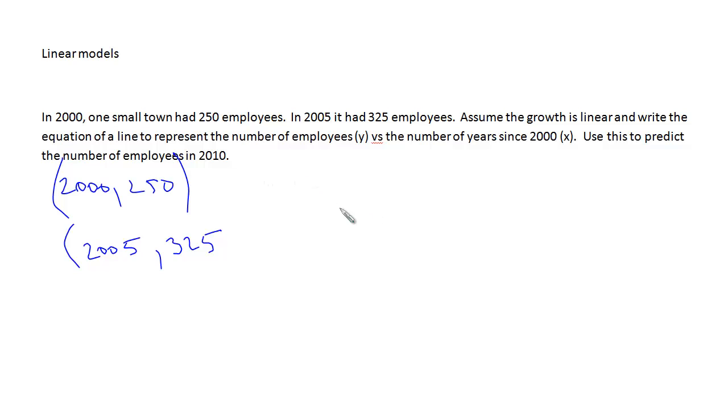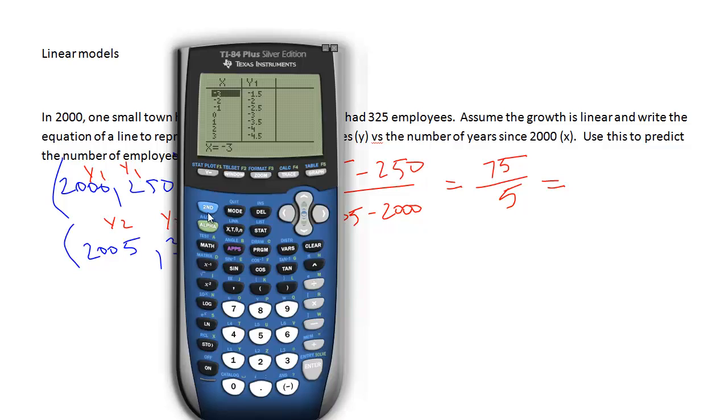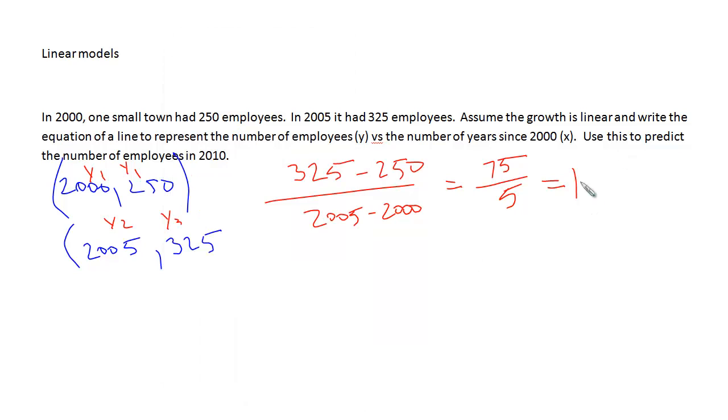So if I'm going to write an equation for this, I can label them x1, y1, x2, y2, and we'll plug it in the slope formula. 325 minus 250 over 2005 minus 2000 equals 75 over 5 years. It's 15. So there's my slope.